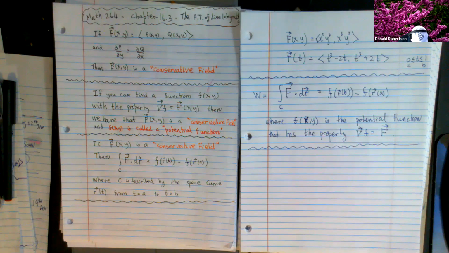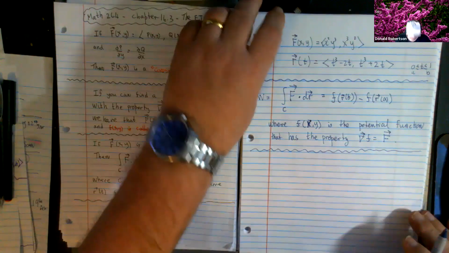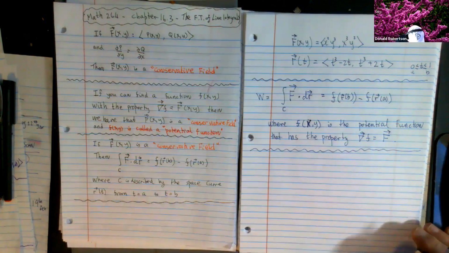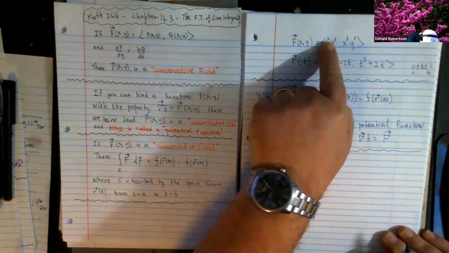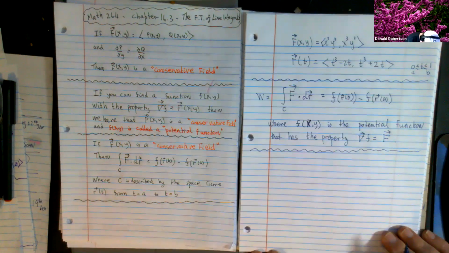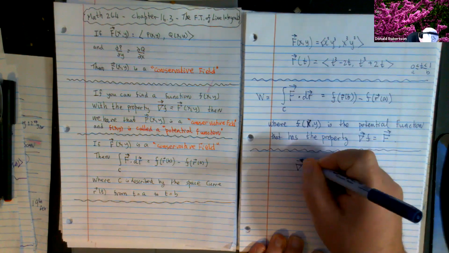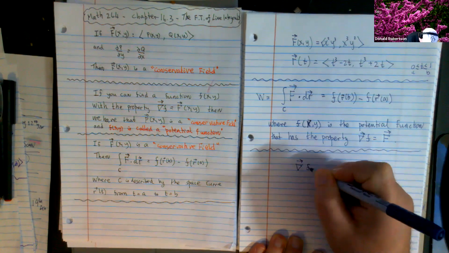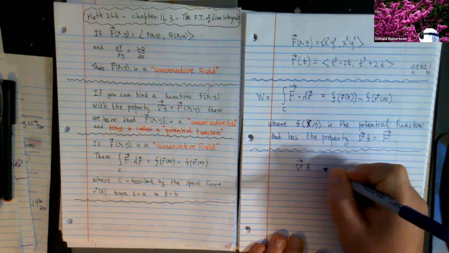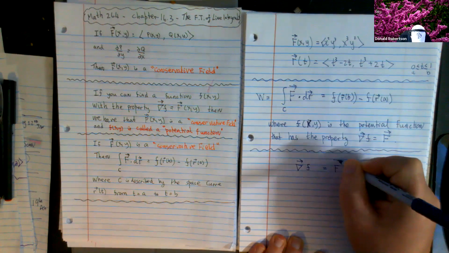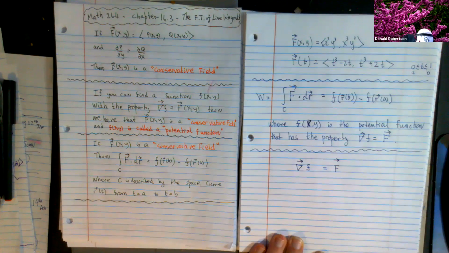So here's our guy up here. Pretty straightforward polynomial. So essentially what we do is we go hunting, right? We go try and find the potential function. So we know that's what we've got.